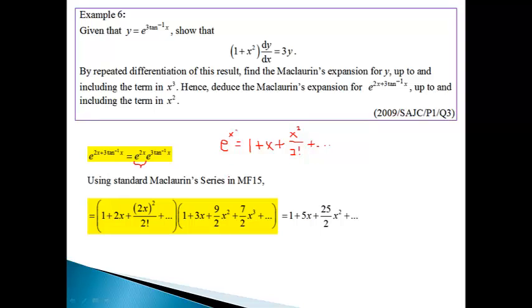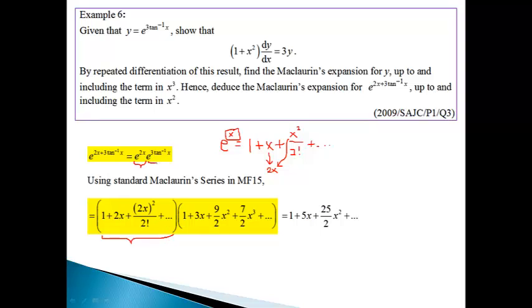So e to the power of 2x is simply replacing my x with 2x. So all my x is going to be replaced with 2x. Right? Which arrives at this particular Maclaurin series.